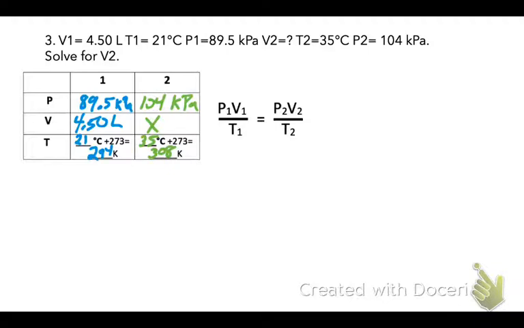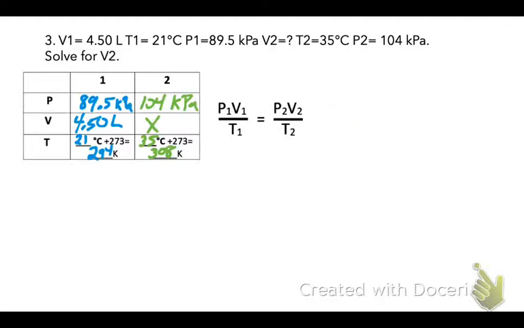Okay, so same thing, but now we have all our variables. So I'm not crossing anything out in my equation. I'm just plugging them all in. So let me just use one color for this. I will have 89.5 times 4.5. Actually, I'm going to move this.